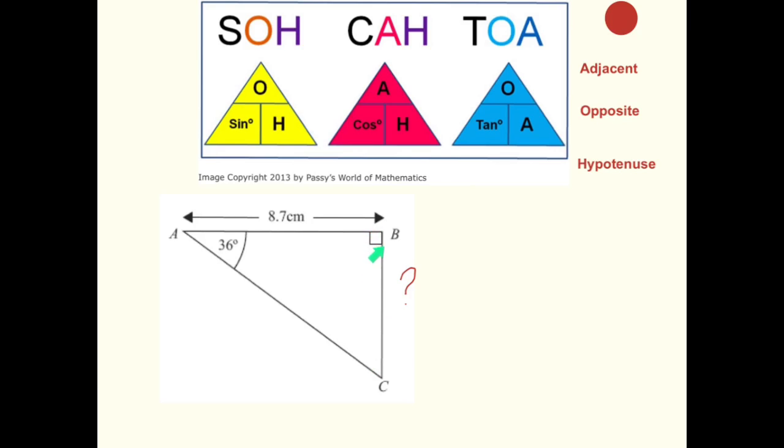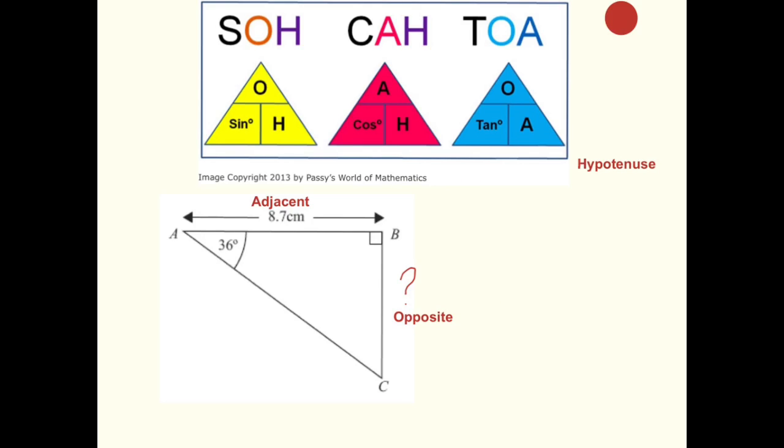Okay, so I need to label up the triangle. So what have I got? I've got the side that's next to the angle. So I have the adjacent. I need the side that the angle is looking at. So that's the opposite. So that's going to be that there.